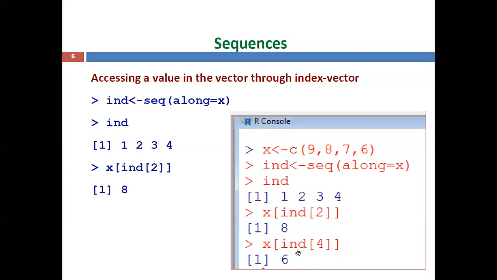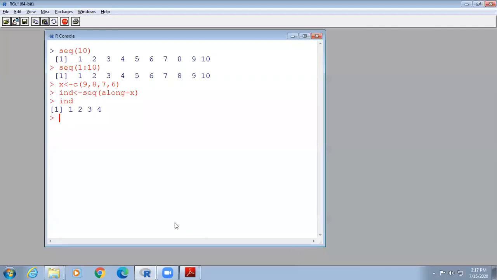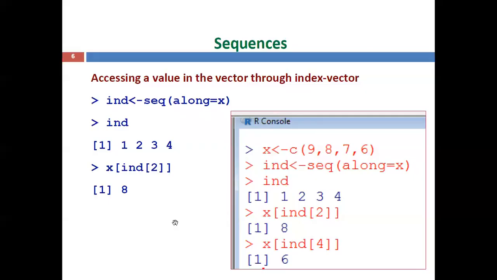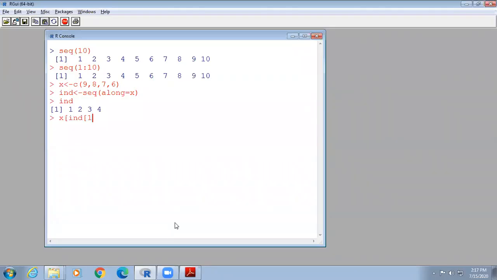Now we will also execute this one. Whenever you are calling a particular value from the index vector, you have to give the square brackets. So X of ind of, suppose I want the first position value, then close the square brackets. What is the first value?